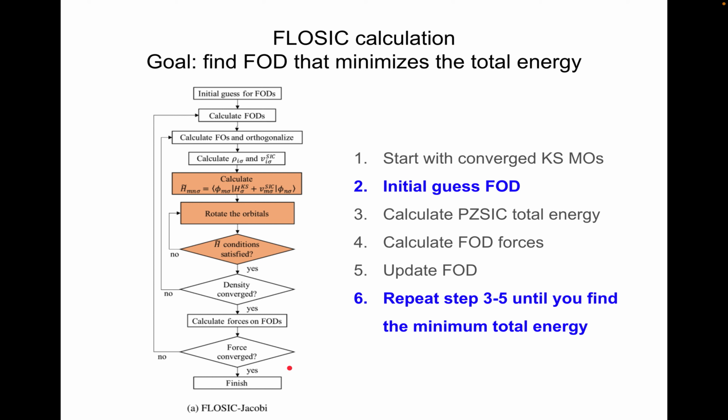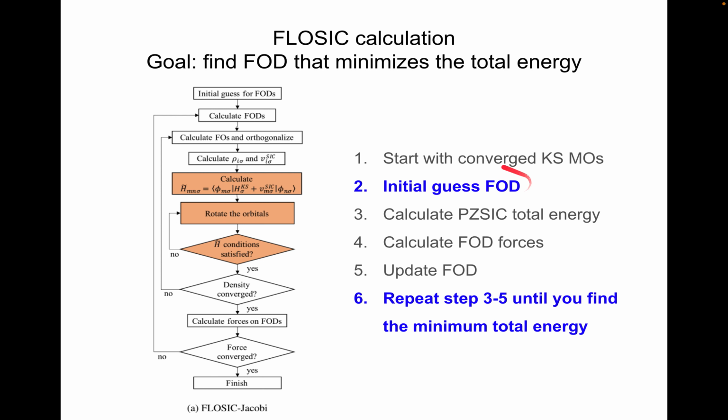Okay, for the users who are running the FLOSIC calculation, the ultimate goal is the following. You want to find the set of FODs that minimize the total energy. And for that, typically the user starts with the converged Kohn-Sham wave function and supplies the initial guess of the FOD.